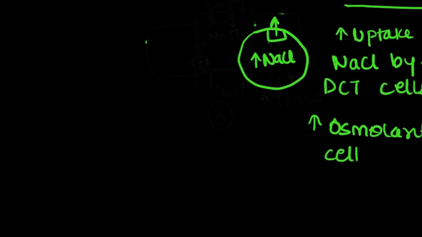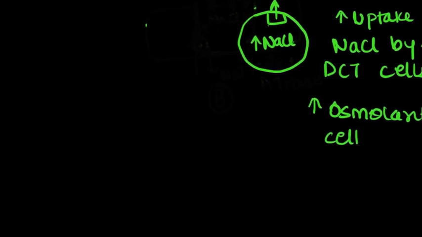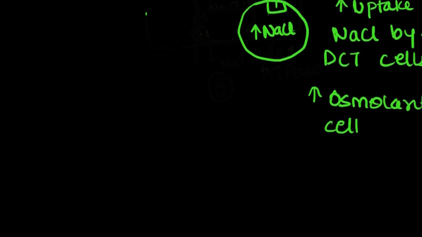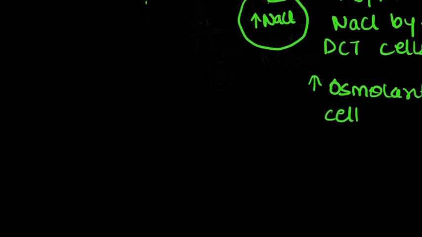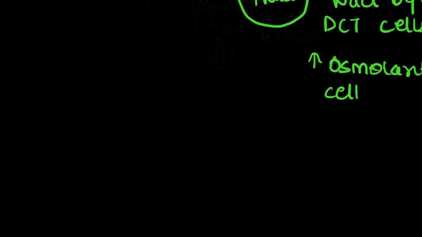But what happens is, normally the sodium which is taken up is thrown out of the cell by the sodium potassium ATPase, which is present on the basolateral surface. Now, the amount of sodium chloride being taken up by the cell does not equal the amount of sodium thrown out because of a limited number of sodium potassium ATPases.